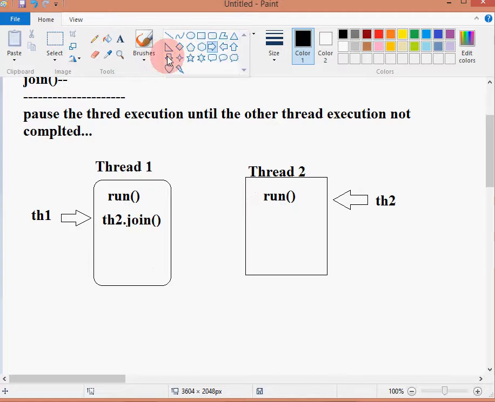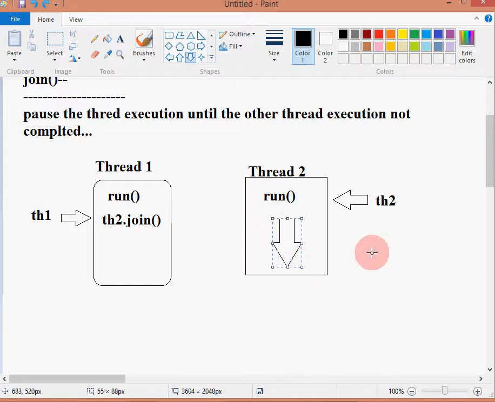Until thread 2 is completed, it doesn't allow control to go here. Once thread 2 has completed, then it goes on and executes.